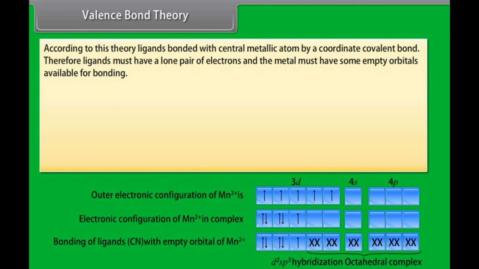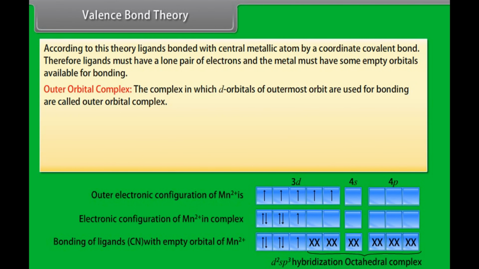According to this theory, ligands are bonded with the central metallic atom by a coordinate covalent bond. Therefore, ligands must have a lone pair of electrons and the metal must have some empty orbitals available for bonding. For example, the formation of K4[Mn(CN)6] can be explained on the basis of valence bond theory.